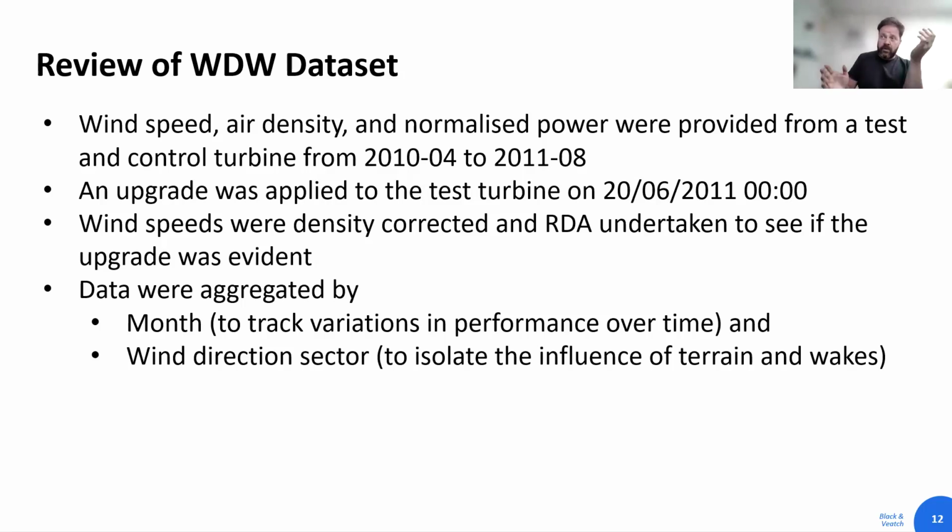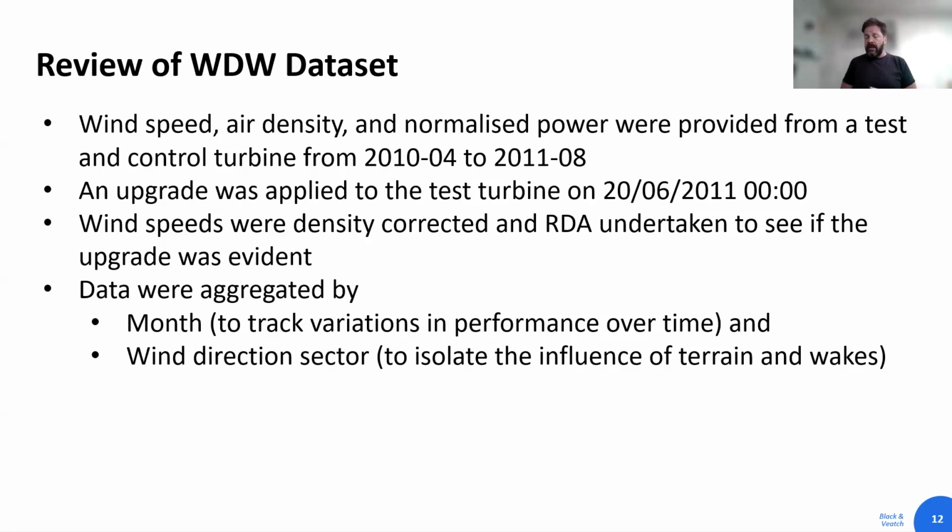Now, what I did was I density corrected the wind speeds and then pushed the data through this response deficit analysis to see if that change was reflected in the analysis. I aggregated the data by month, so I could track variations in performance over time, which is what we're interested in here.